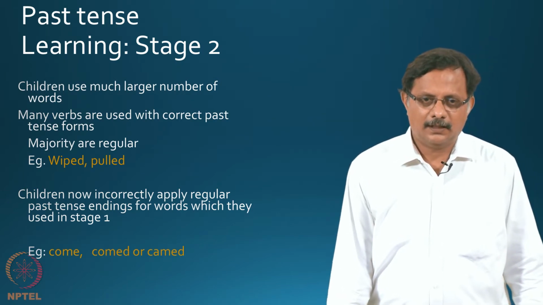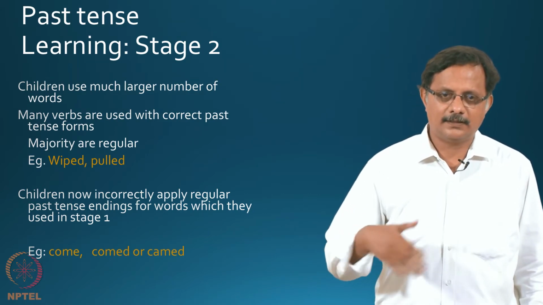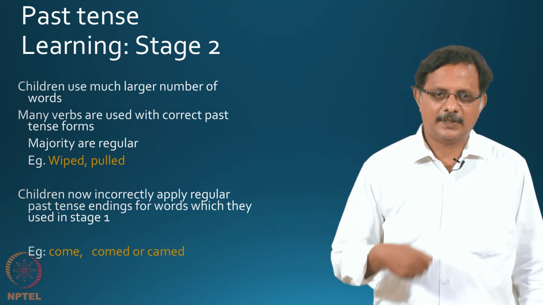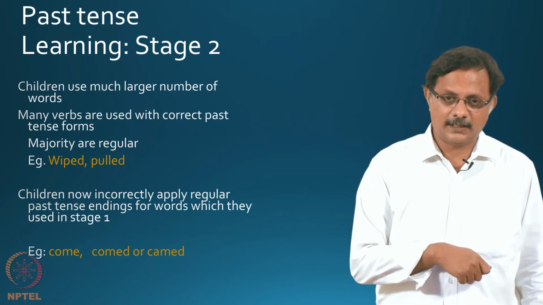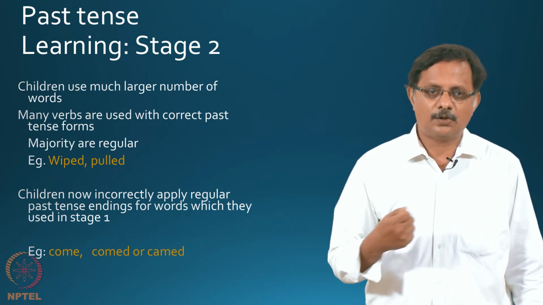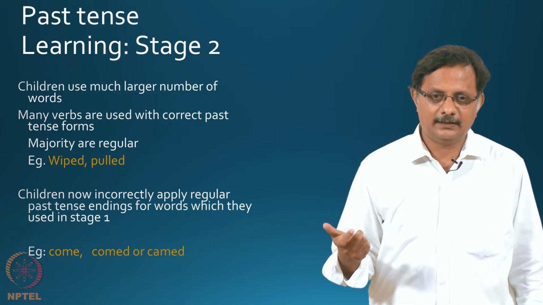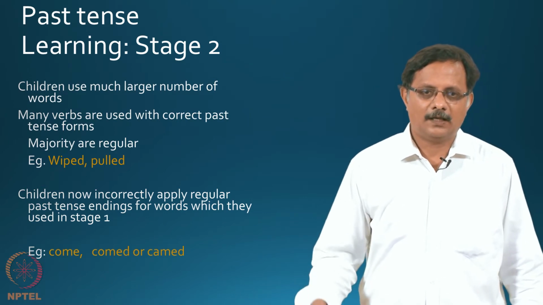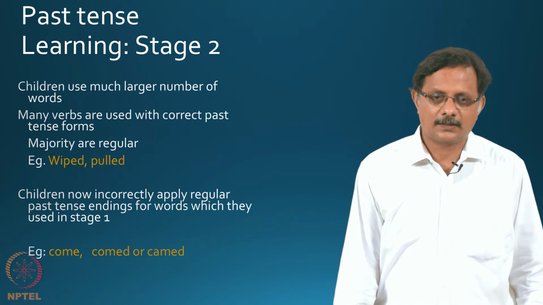Children begin to learn this new rule, this pattern that underlies a lot of past tense forms, but then they also start making mistakes on verbs that they had learned before in stage 1. They begin to wrongly apply this past tense rule of d or ed ending to verbs which they learned in the previous stage. So, for example, for come they might wrongly use the past tense comed instead of came.